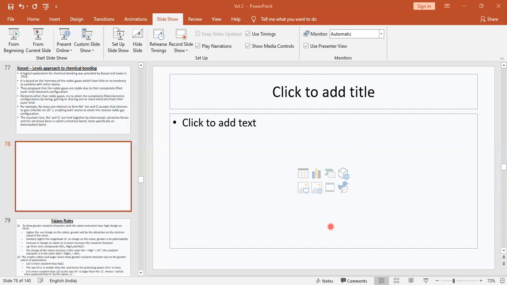Finally, we have to verify this with the octet configuration. Now the nitrogen will have one lone pair short for the octet. Nitrogen should have 5 valence electrons in its outermost shell, which means here one, here one, here one electron, so 3 electrons.